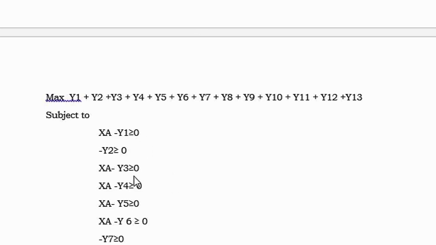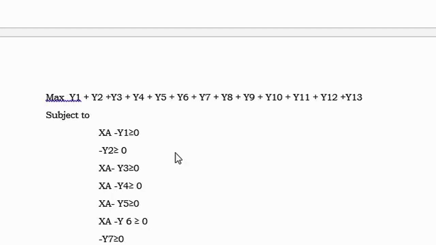So we can see here the objective function. There are 13 variables, indicating whether the demand nodes are covered or not. Subject to, remember for the first one, XA is greater than or equal to y1.